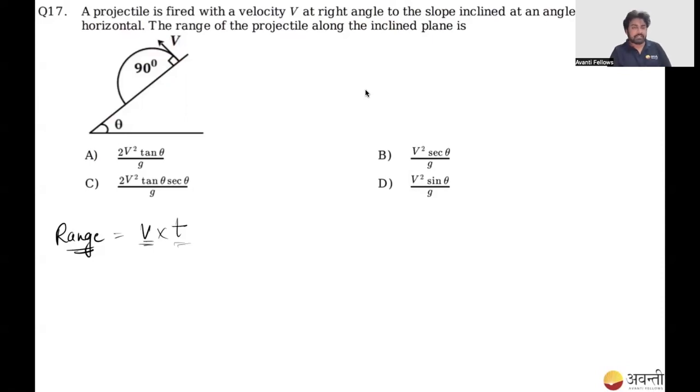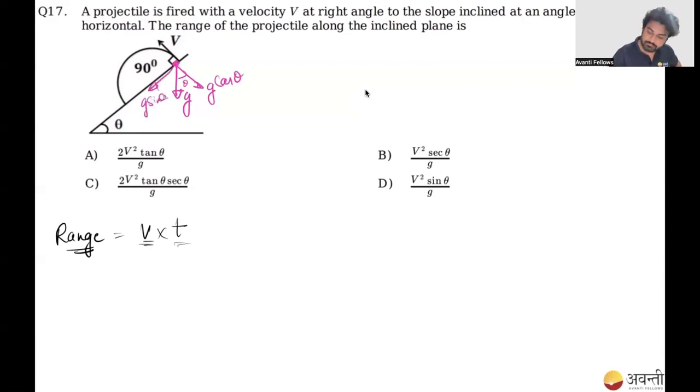But here the scene is different. Since gravity is acting downwards, this component of gravity will give me, this is theta, g cos theta, and this will be g sin theta.